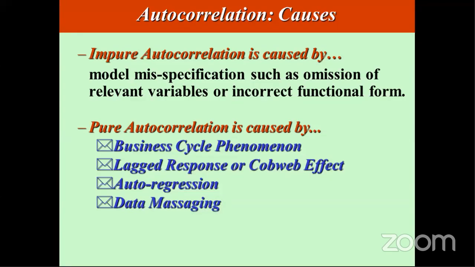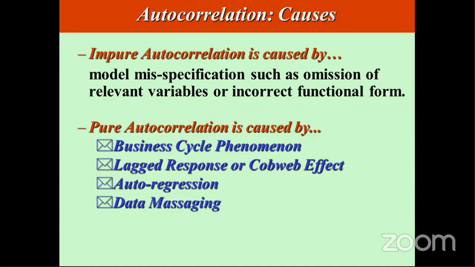Since we started our discussion with the classification into impure and pure autocorrelation, as I already told you, the reason for the presence of autocorrelation in the impure case is the mis-specification of our regression model. The mis-specification, as I already told you, includes three important concepts.